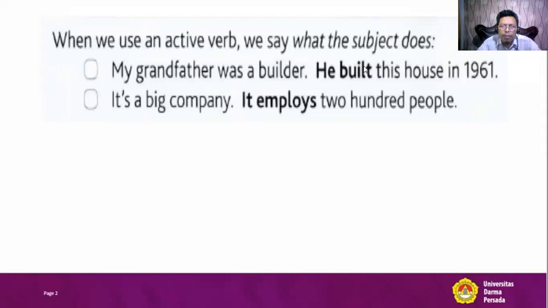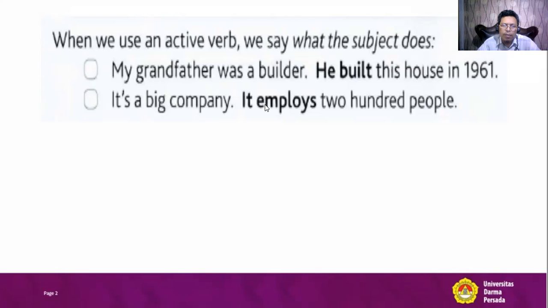Because this is an active verb, we can identify what he does. What did he do? The answer is he built this house. Let's say we are talking about grandfather. My grandfather was a builder, so he built this house in 1961.